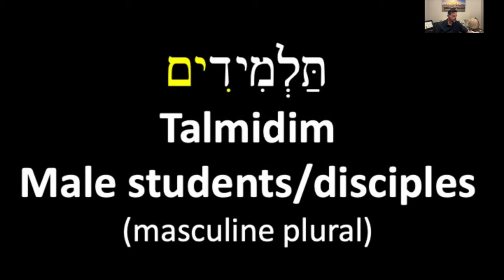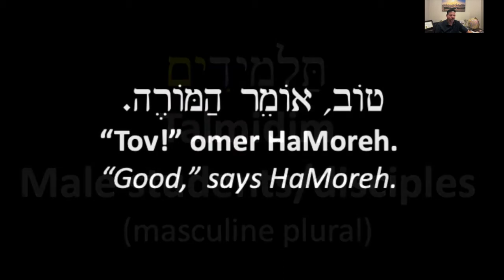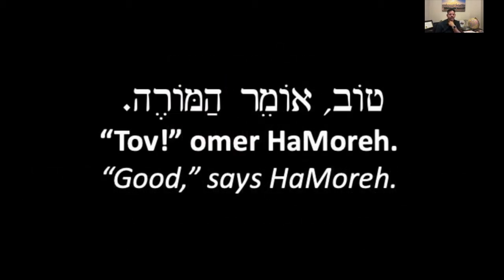Male students. So we have the response tov, which is the word good. Tov is good. Now it's interesting, we'll actually talk about that in just a minute because I do have something I want to share with you from the last Torah portion and this week's Torah portion.